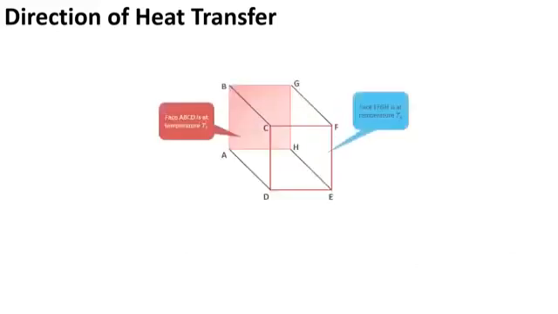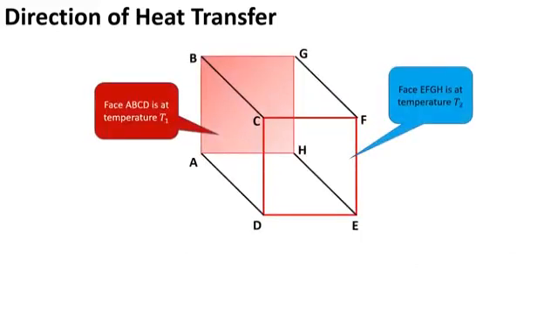Now, what is the direction of heat transfer? As we studied, heat always transfers from higher temperature to lower temperature. Consider we have a cube. The face ABCD of the cube is at temperature T1 and the face EFGH of the cube is at temperature T2, such that T1 is greater than T2.